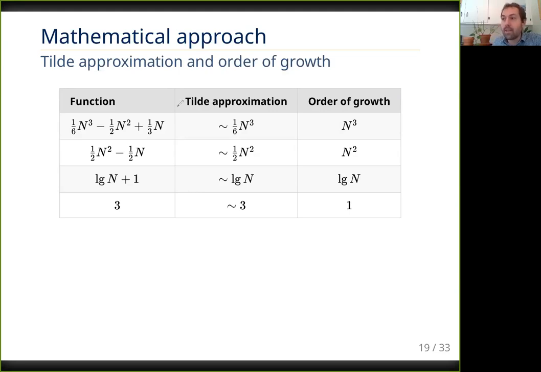If you have a pretty complicated function that contains multiple terms, simplifying it with the tilde approximation means you discard all of the lower terms and only keep the leading term, but you also keep the coefficient. When you talk about the order of growth, you only focus on the growth of the function, and you don't care about the coefficient.